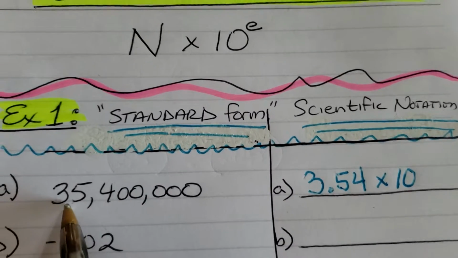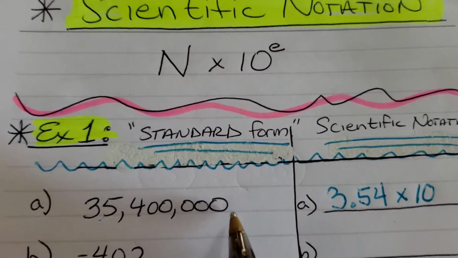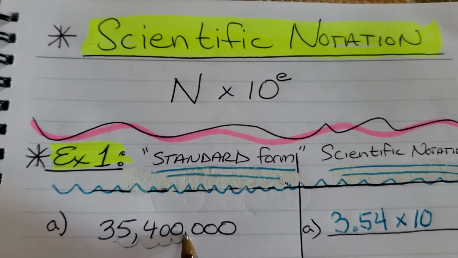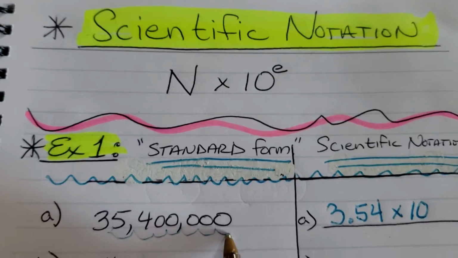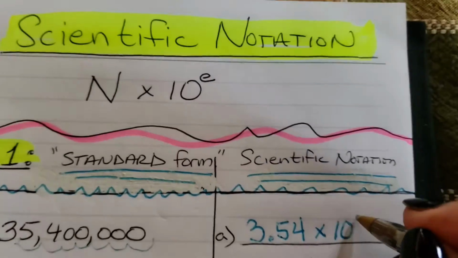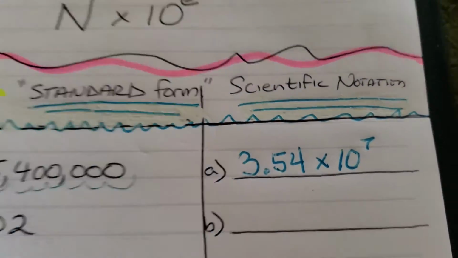So this is where we put it. Let's start moving that decimal and counting to the very end. 1, 2, 3, 4, 5, 6, 7. 7 places to the right we move that decimal. So our exponent is 7, okay?